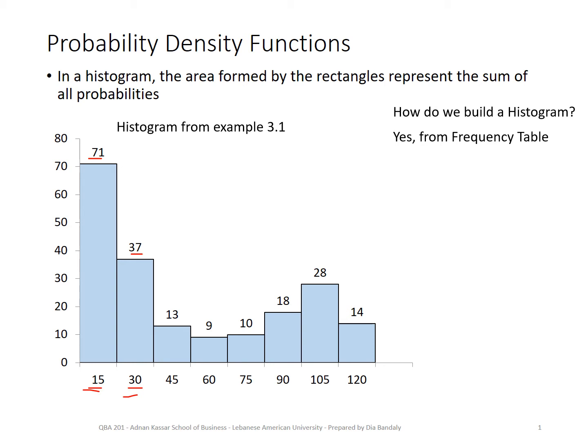It's like we were shifting from continuous data to discrete data, where everything between 0 and 15 is represented here. We have 71 of these, then 37 in the second class, 13 in the third class, etc.